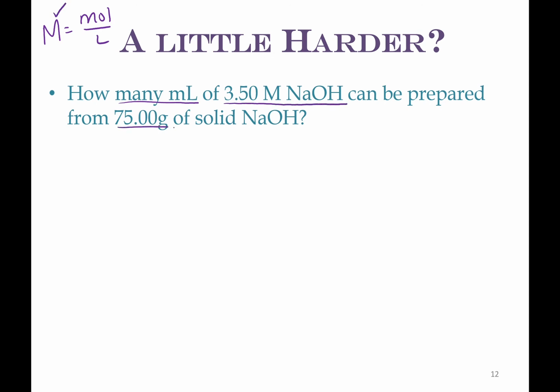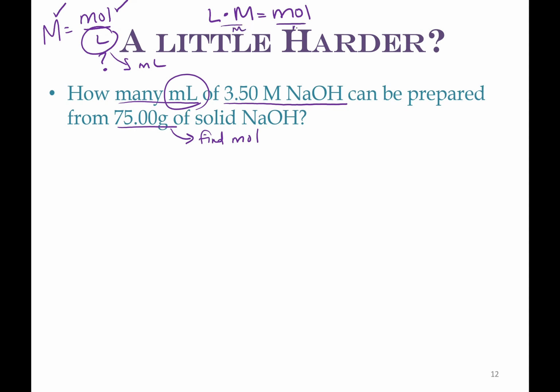And we have 75 grams, which we can use to find moles. We want to find liters because it says how many milliliters, and then we'll convert that to milliliters. So we need to solve this equation for liters. Liters times molarity equals moles, and then divide both sides by molarity. You get liters is equal to moles divided by molarity.